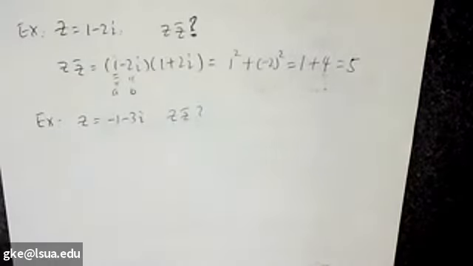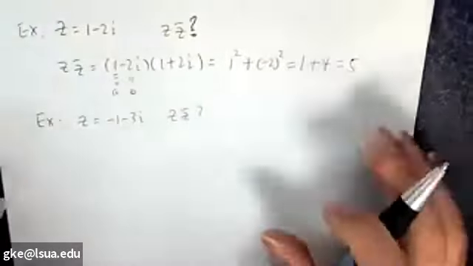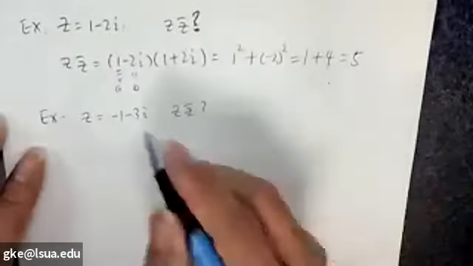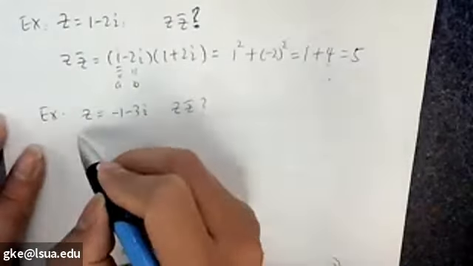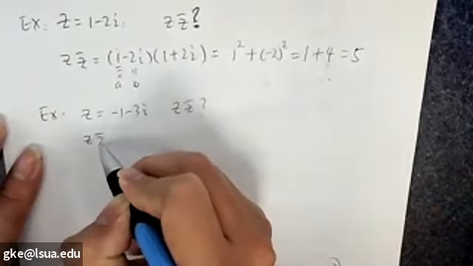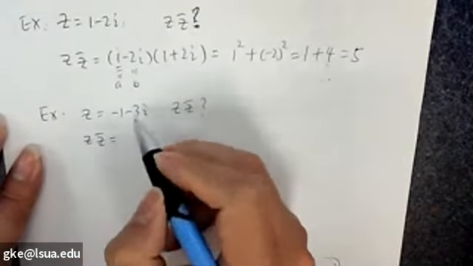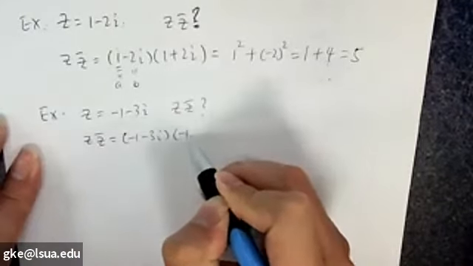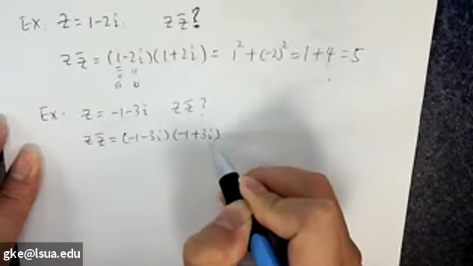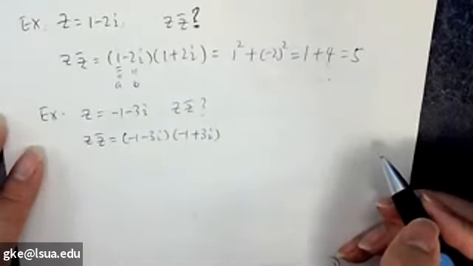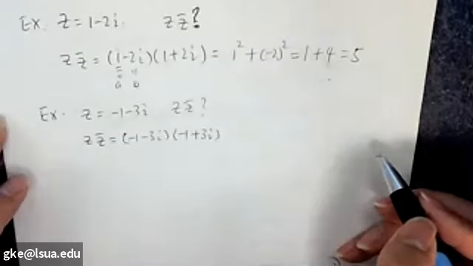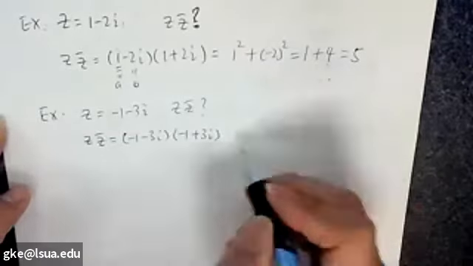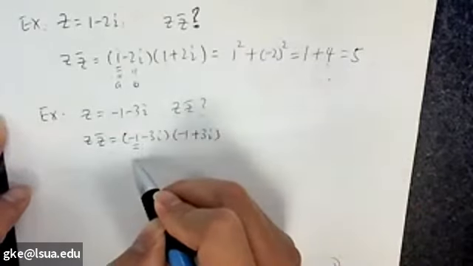Okay, I'm gonna do it on board. So I have z times z bar, right? -1 minus 3i times -1 plus 3i. Right? So here A is what? -1.